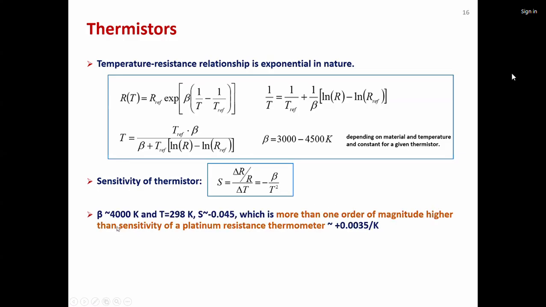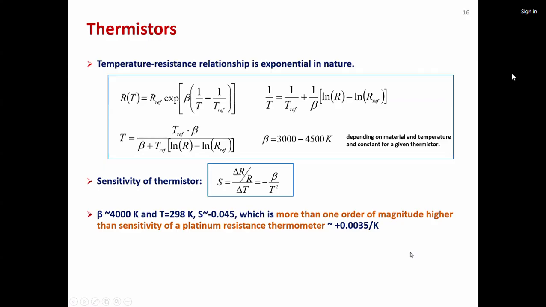And for a given value of beta, let's say we take somewhere in the middle, 4000 Kelvin, and let's say the temperature is ambient temperature, 298 Kelvin, the sensitivity one can find out would be around 0.045. And you can say that this is more than one order of magnitude higher sensitivity than that of a typical RTD, which is about 0.0035 per Kelvin.